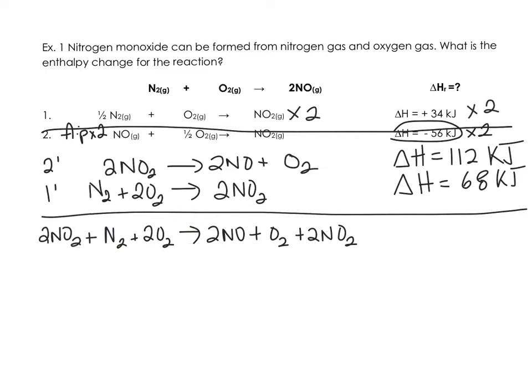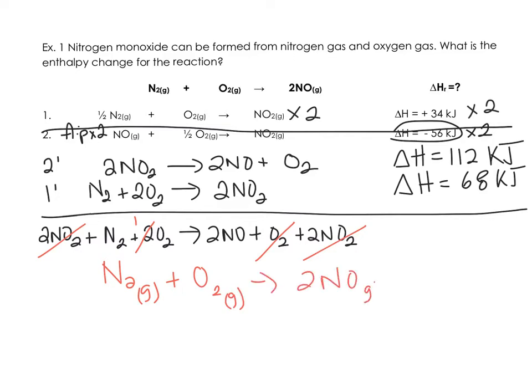And now we're going to cancel anything that's on the left side and the right side. So 2 NO2s and O2, 1 O2 from 2 O2s leaves me 1. So the overall equation, N2 plus O2 makes 2 NO gas.